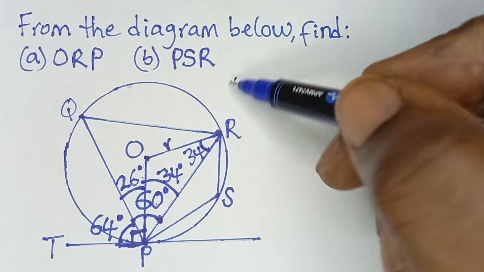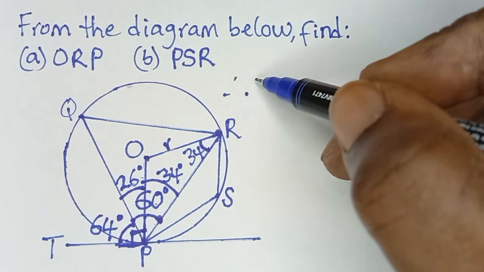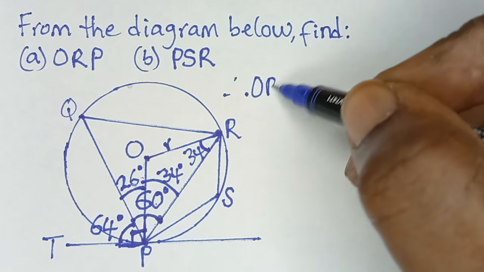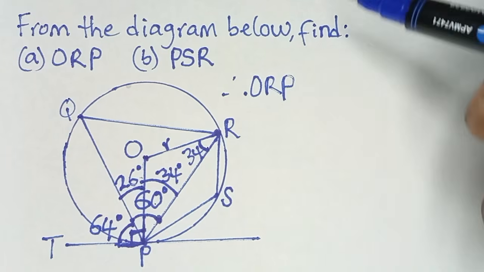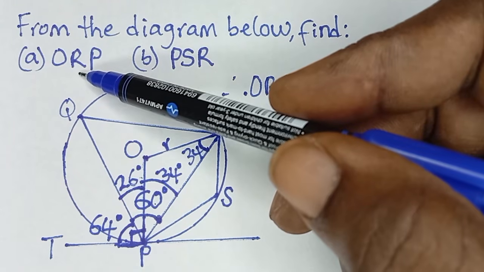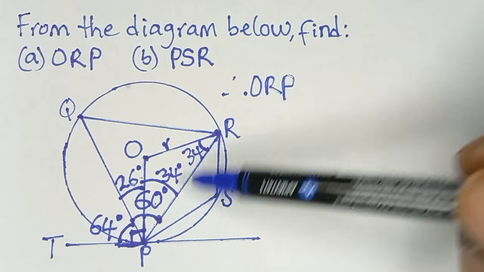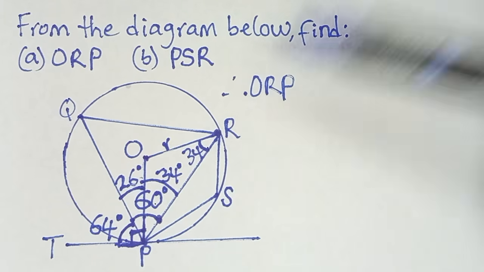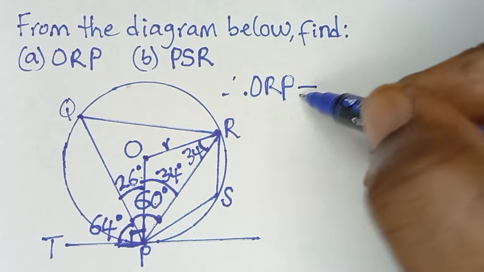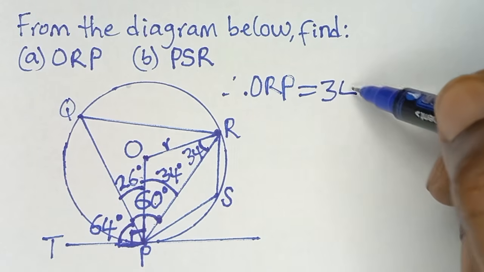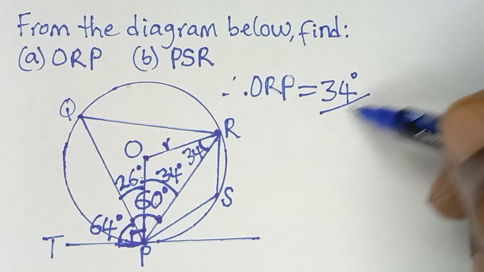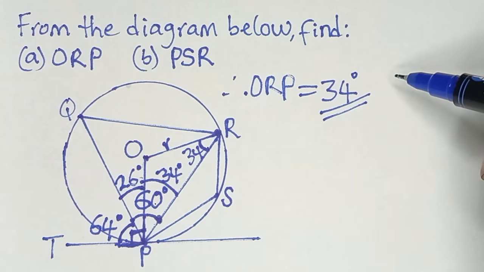So I can conclude there by saying angle ORP, which is the first question we're asked to look for here, is just this 34 that I obtained now. So angle ORP is equal to 34 degrees, because the base angles of an isosceles triangle are equal.